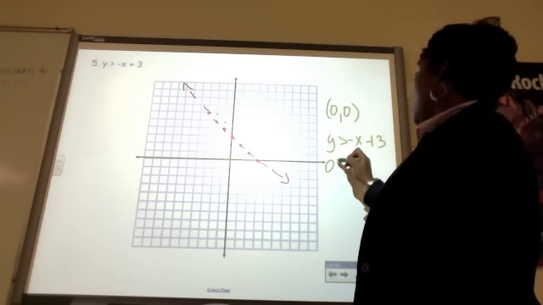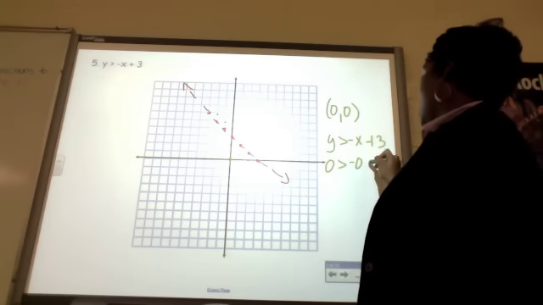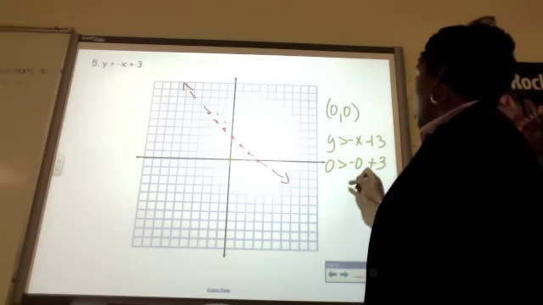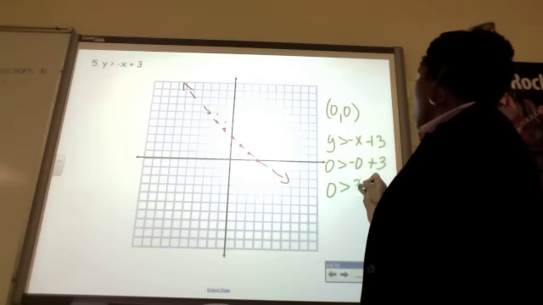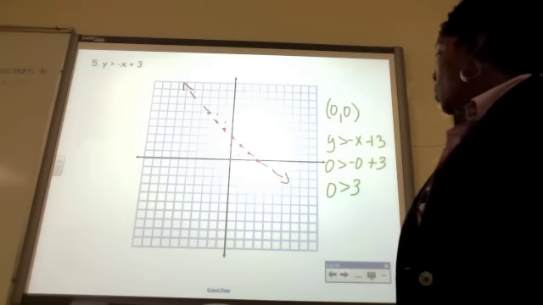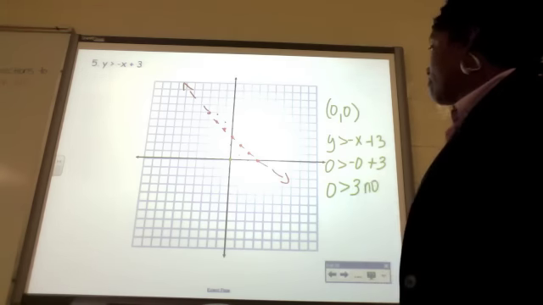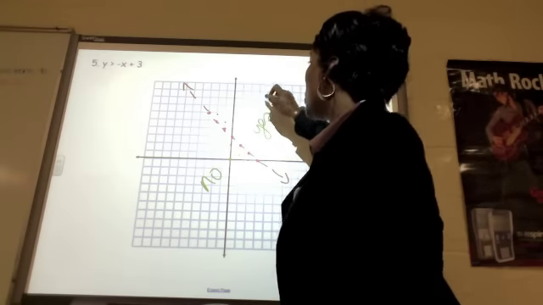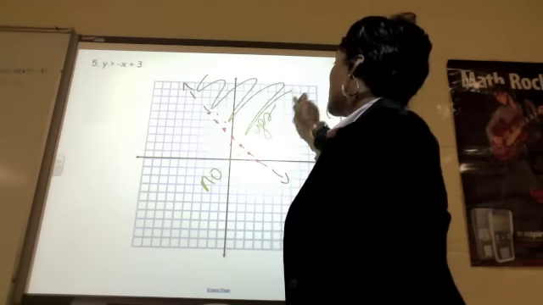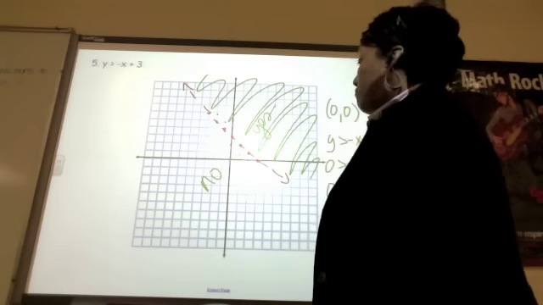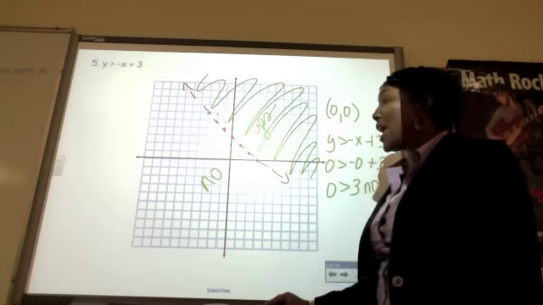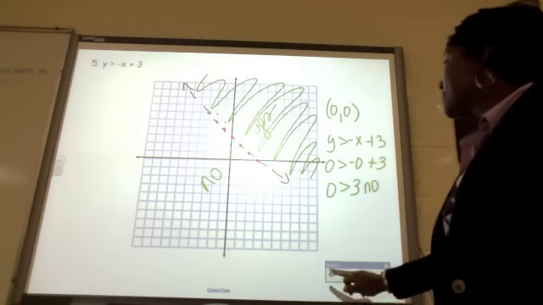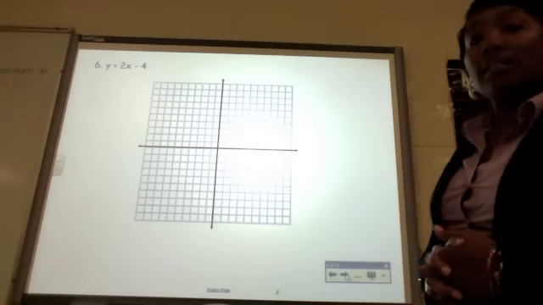So I'm going to have 0 is greater than negative 0 plus 3. 0 is greater than 3. Ooh, no. So this is going to be the no side. This will be the yes. That's the side that I'm going to shade. Okay? All right, one more example.